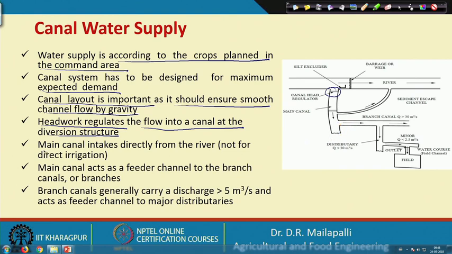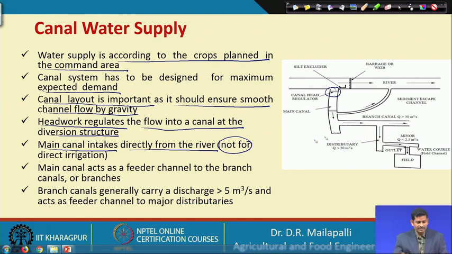The main canal takes water directly from the river, but this is not being used for irrigation purposes. It simply conveys the water from the river to the field or branch canals. This is called the main canal, which draws water from the river, and the main canal acts as a feeder channel to branch canals.